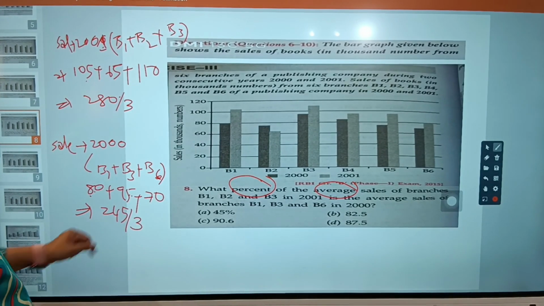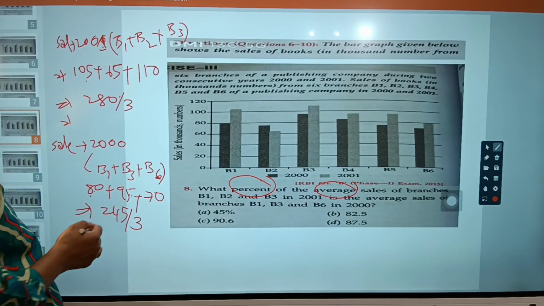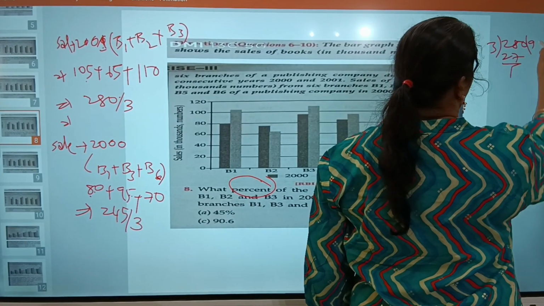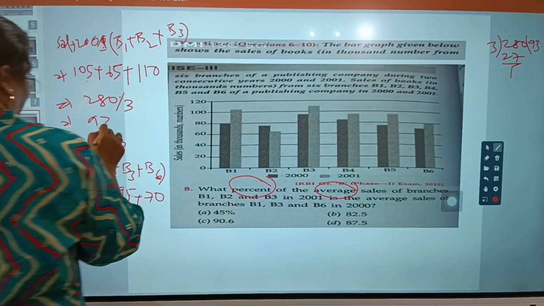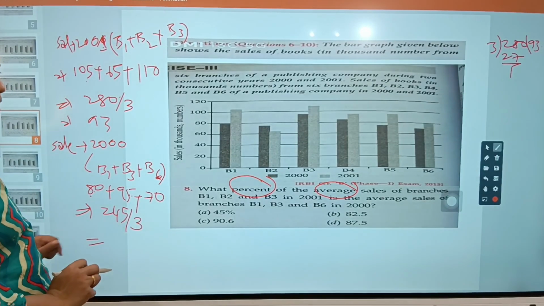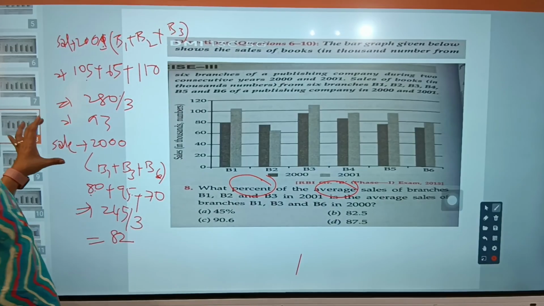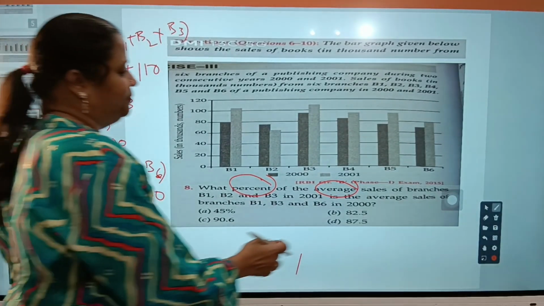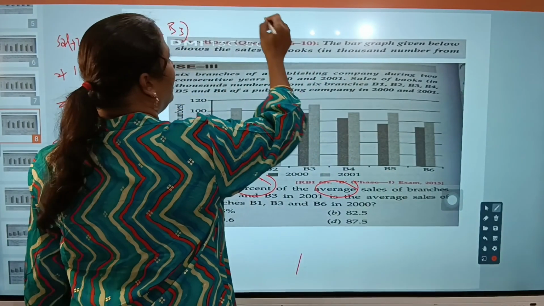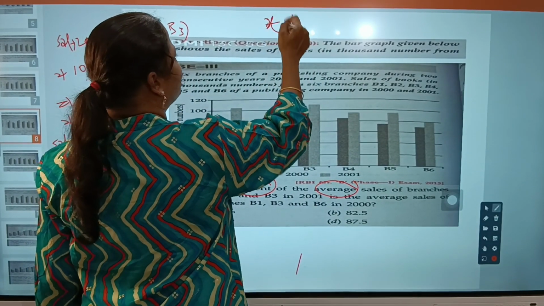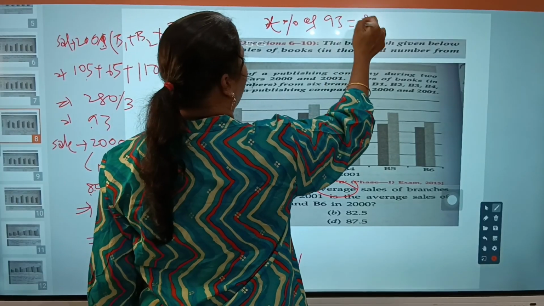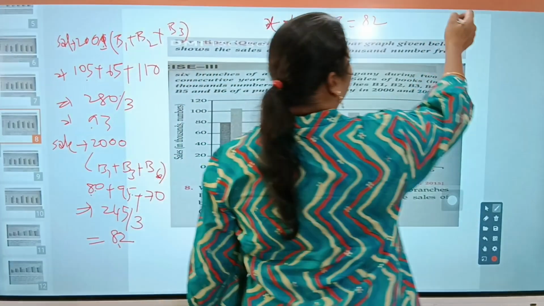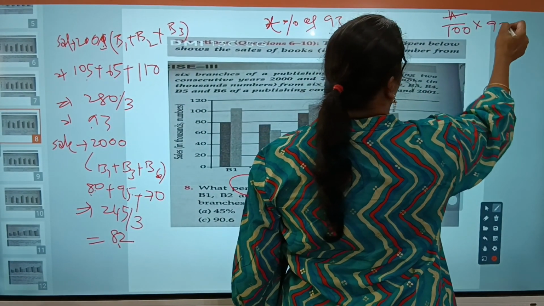So 280 by 3 approx will come around 93, and 245 by 3 will come around 82. Okay, we got the values 93 and 82. Now we have to find out how much percent of 93 is equal to 82. So x by 100 into 93 is equal to 82.